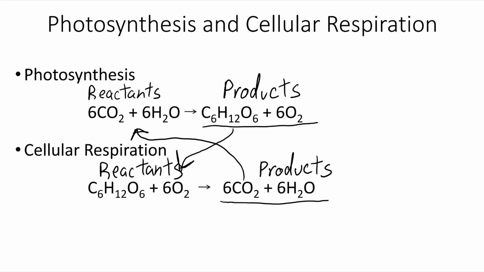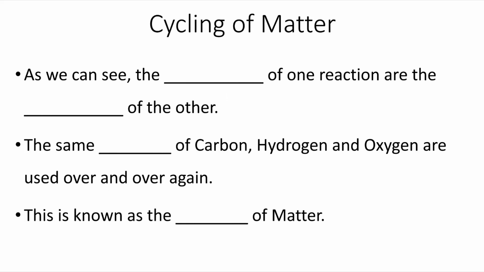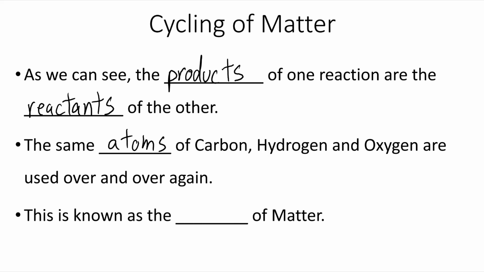And this process can happen over and over and over again. This is what we mean by saying there is a cycling of matter. So as we can see, the products of one reaction are the reactants of the other. The same atoms of carbon, hydrogen, and oxygen are used over and over again. This is known as the cycling of matter.